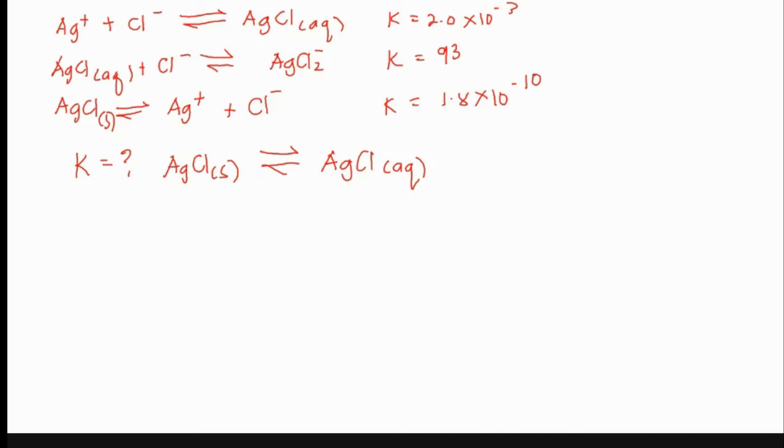Lagyan natin ng label: 1, 2, 3. Ano yung gagamitin nating reactions? Reactants yung number 3 con G. Product yung number 1, ma'am. Okay, so gagamitin lang natin for this is equation 1 and equation 3.